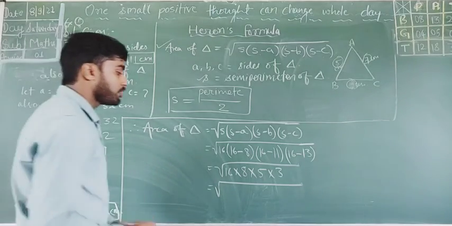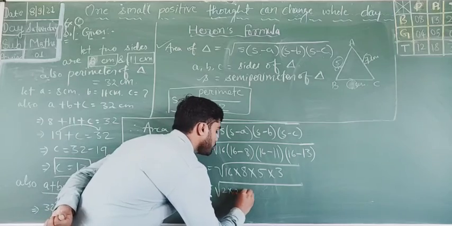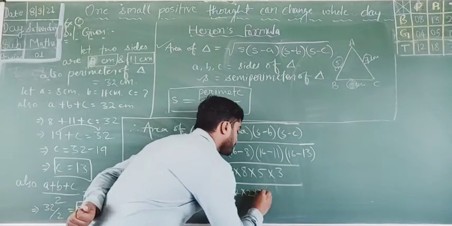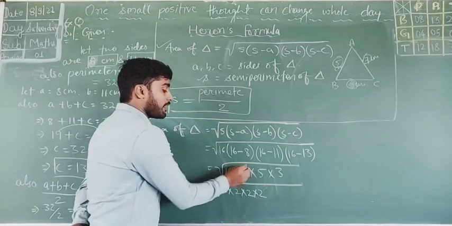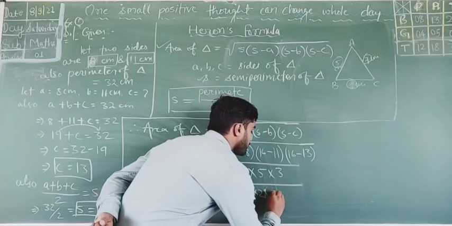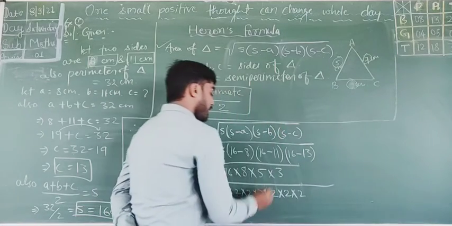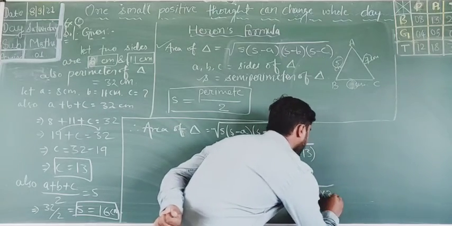If you factorize 16, you will get 2 into 2 into 2 into 2. Okay. One more 2 is there because 2 2s are 4, 4 2s are 8, 8 2s are 16. And there is 8. Again, factorize 8: 2 into 2 into 2. Okay. And there is 5 and 3. So write 5 and 3.